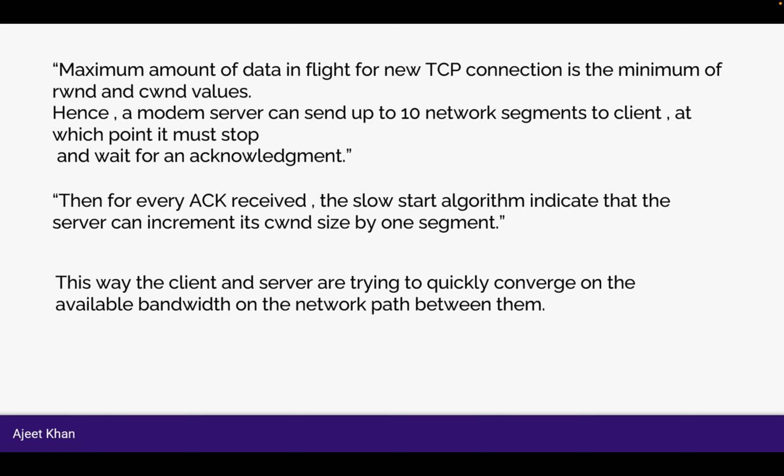At some point it will start streaming at the maximum available bandwidth. This way it is not overwhelming the network and not making the network congested, and it is efficiently using network bandwidth.